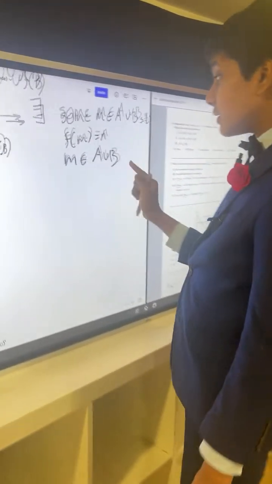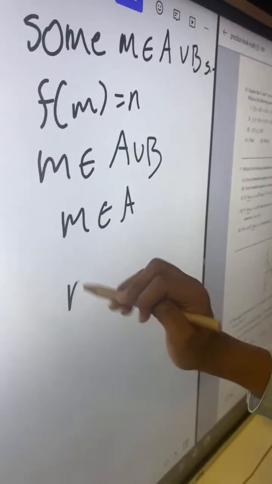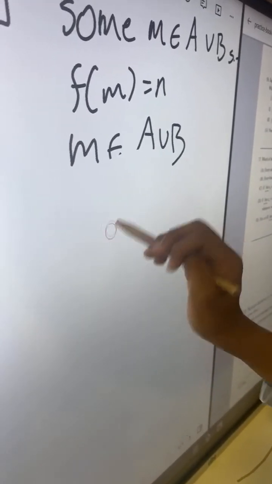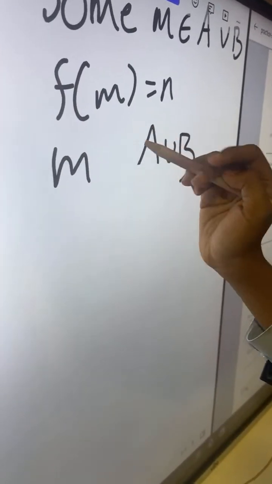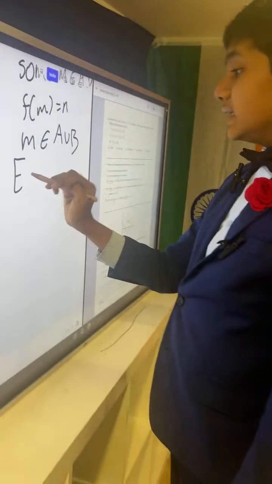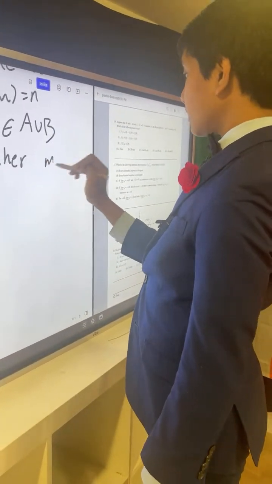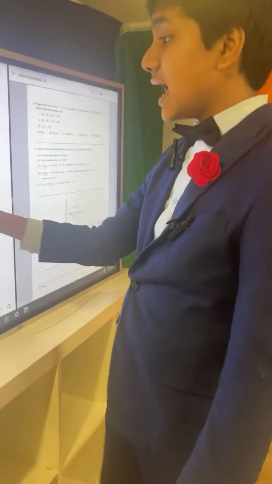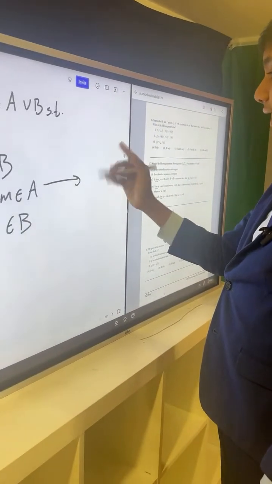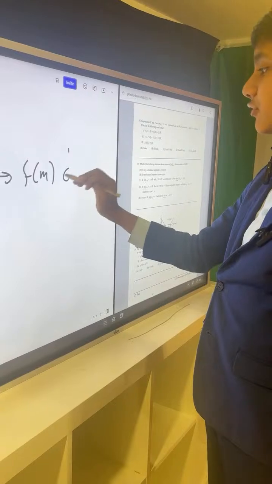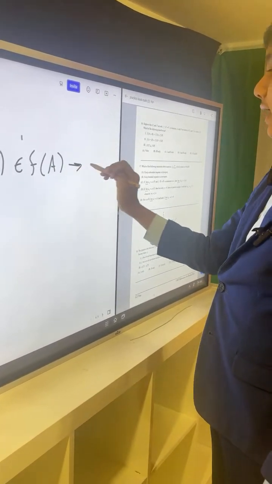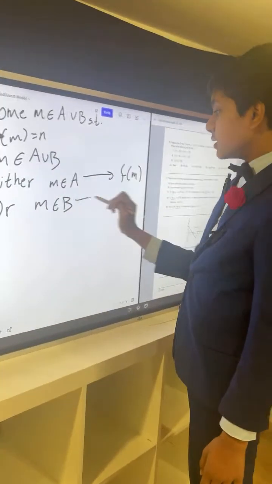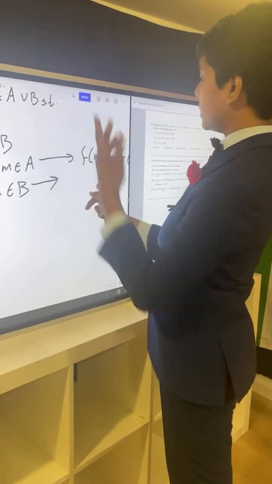So then that means that either m is in A or m is in B. If m is in A, then we can say that f of m is in f of A, which means that n is in f of A. Or maybe m is in B. It could be in both too, but then it's just covered by either one.